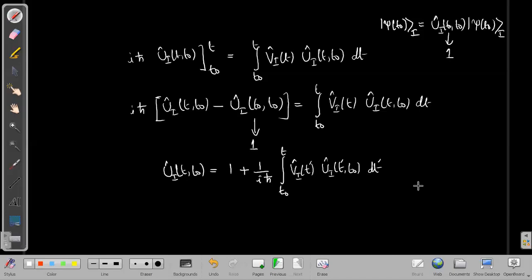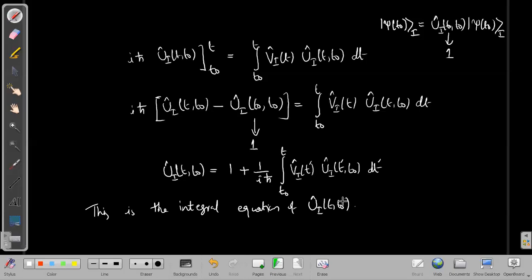So this is not a solution, but the integral equation of U_I.